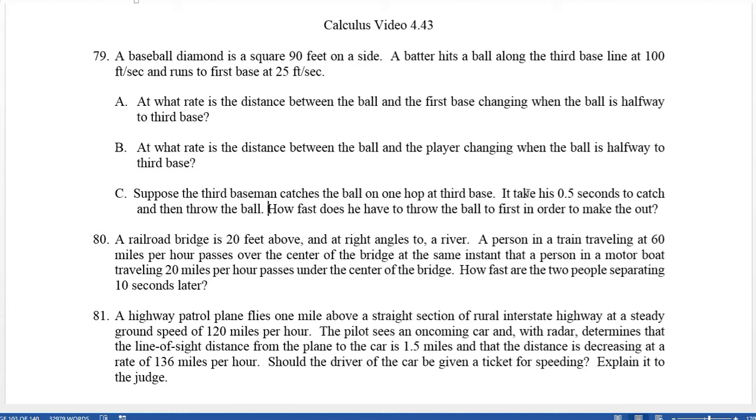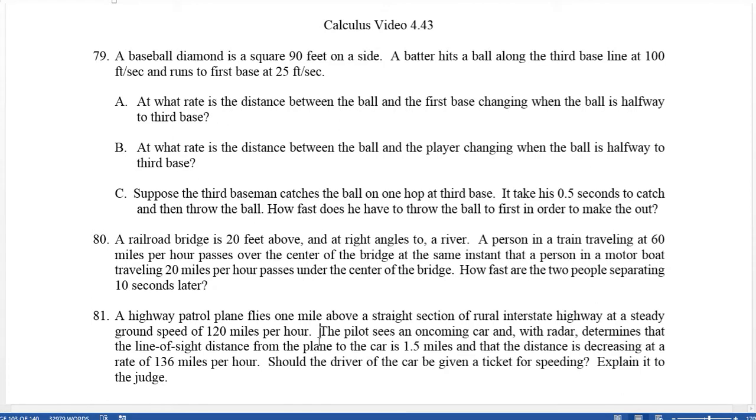Should the driver of the car be given a ticket for speeding? Explain it to the judge. And if you're in Arkansas, where I'm making this, and you're on a rural interstate highway, then we know the speed limit is 75 miles per hour.